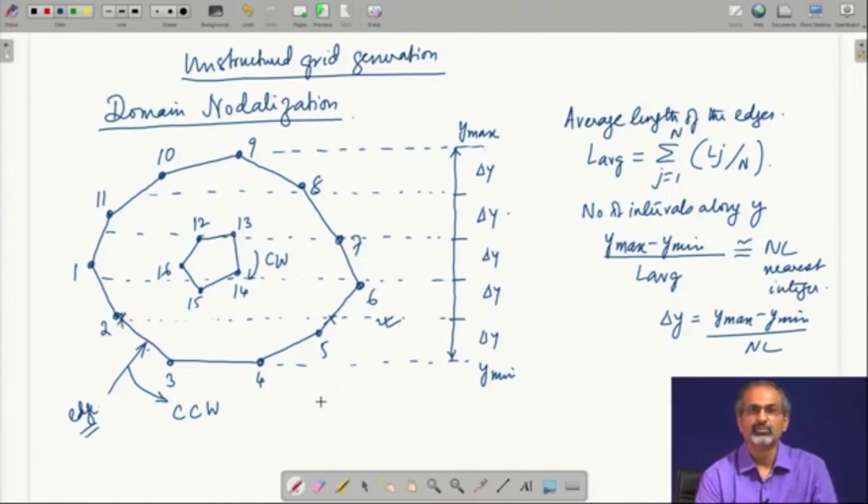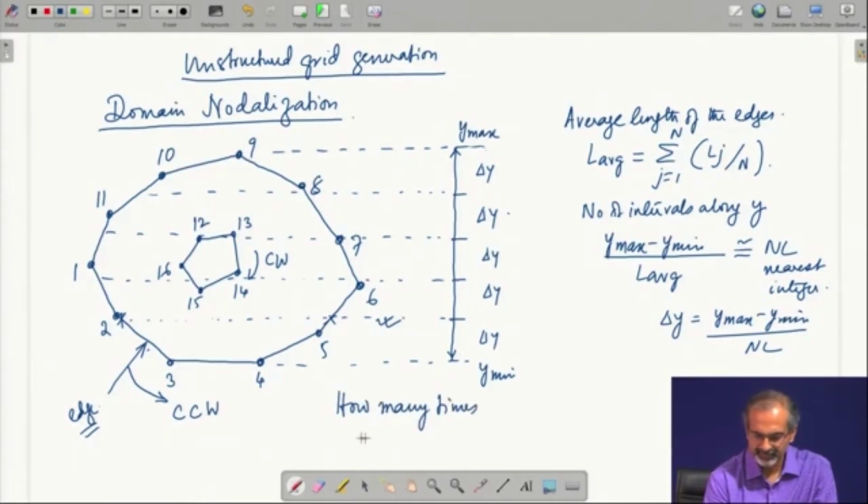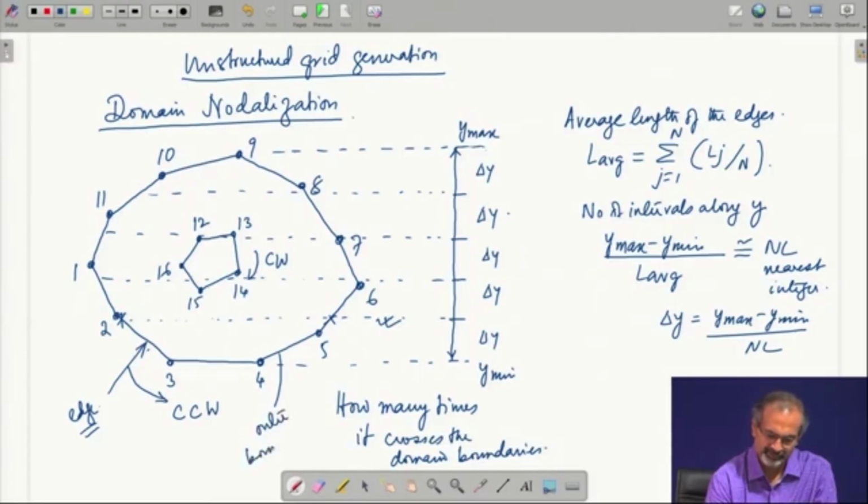Note that they do not need to cross the domain essentially at the nodal points. Very often they will not cross the nodal points, it does not matter, but what matters is how many times it crosses the domain boundaries, which includes both the outer as well as the internal boundary. So, this is your outer boundary, this is your internal boundary.